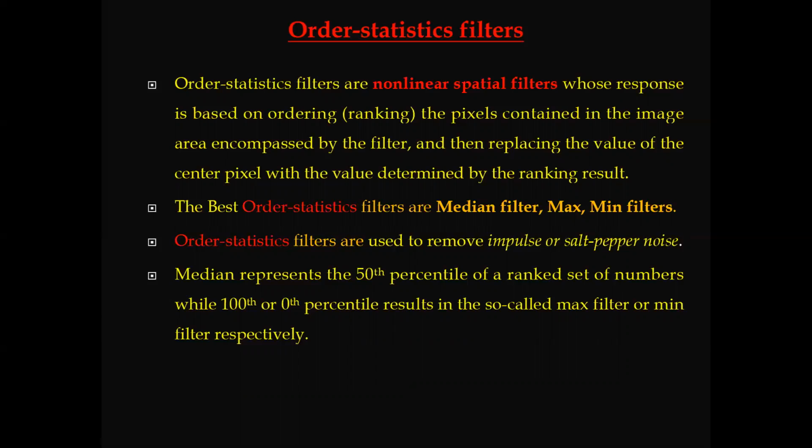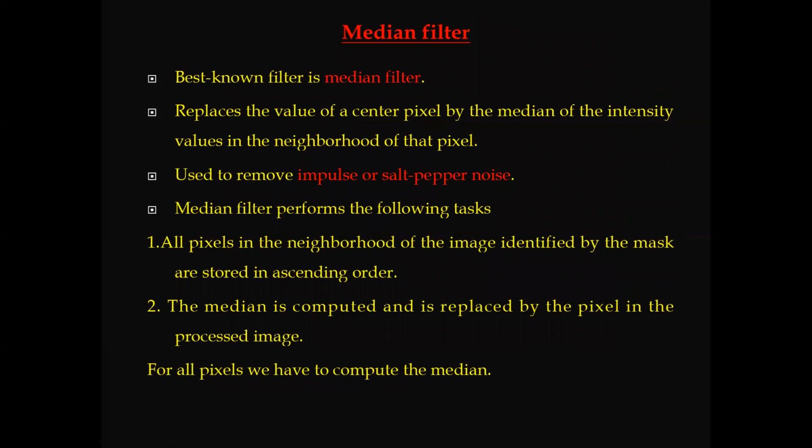So the median represents the 50th percentile of the ranked set of numbers, while the 100th or 0th percentile results in the so-called maximum filter or minimum filter respectively. That means the 100th percentile indicates the maximum filter, and the 0th percentile indicates the minimum filter. The best-known filter is the median filter.